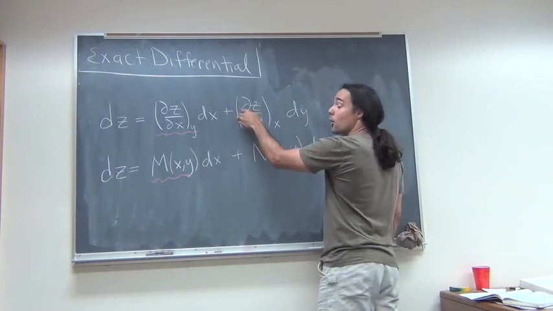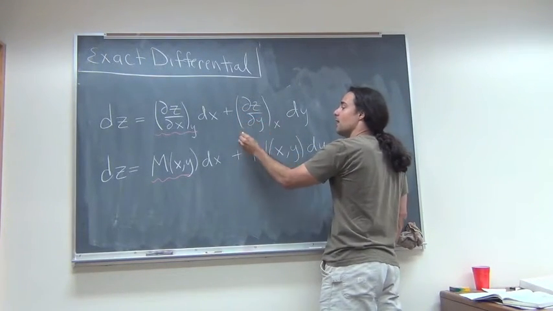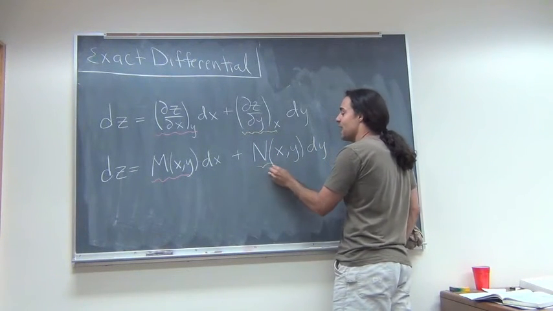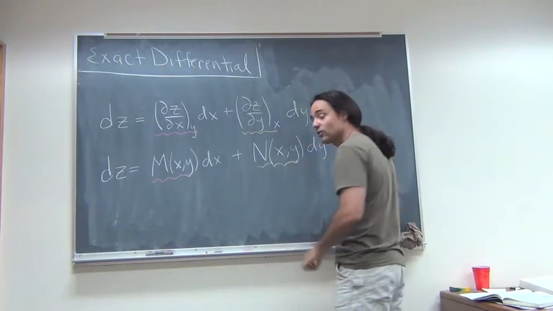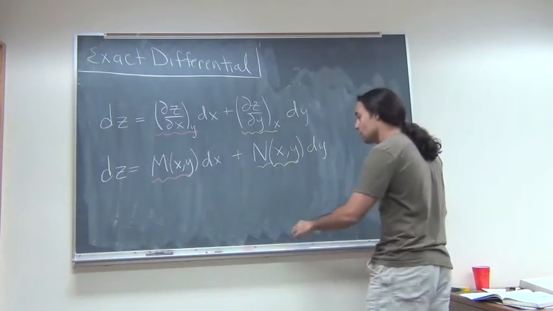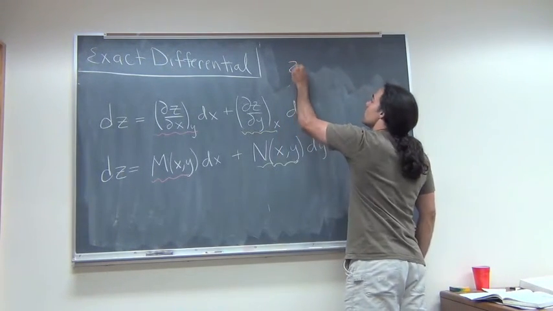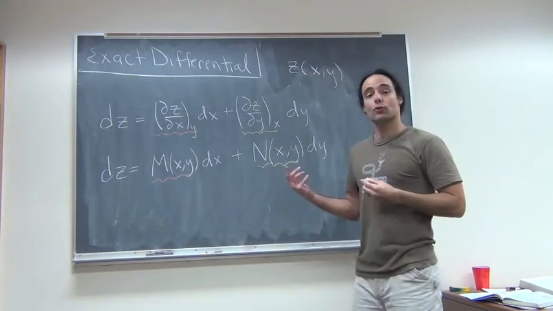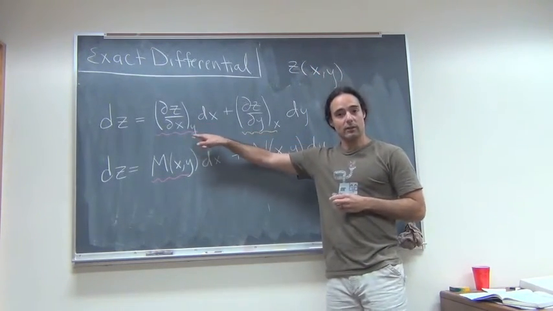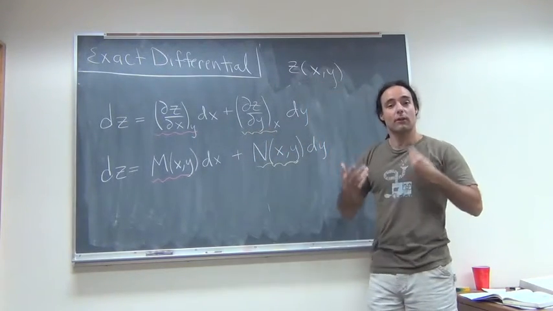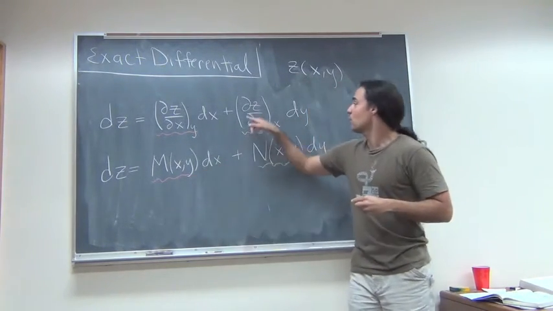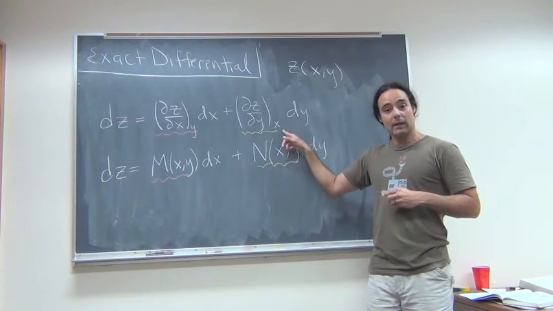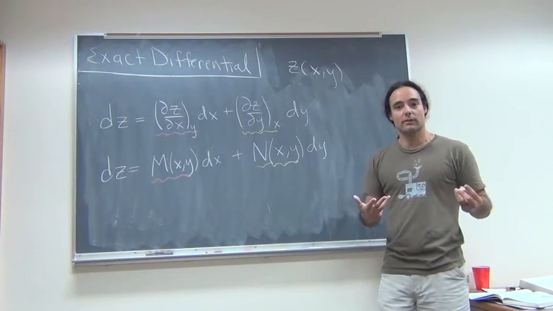I've taken the partial derivative of z with respect to y at constant x, and renamed that as some function N, which depends on x and y. And I can do this because I know my original function z was just a function of x and y. Therefore, the partial derivative of z with respect to x, keeping y constant, has to just be a function of x and y. Same thing with the partial derivative of z with respect to y, keeping x constant, it's just going to be some function of x and y.